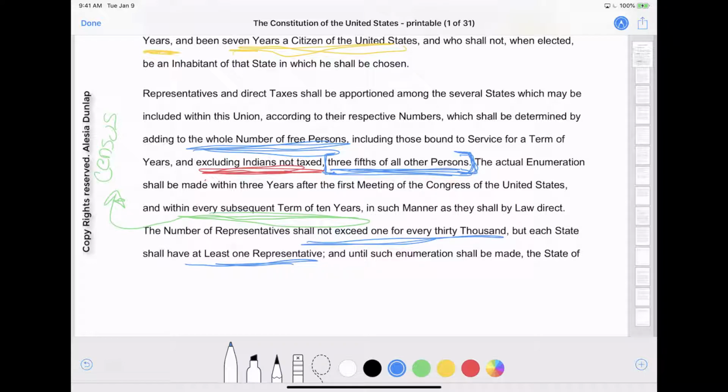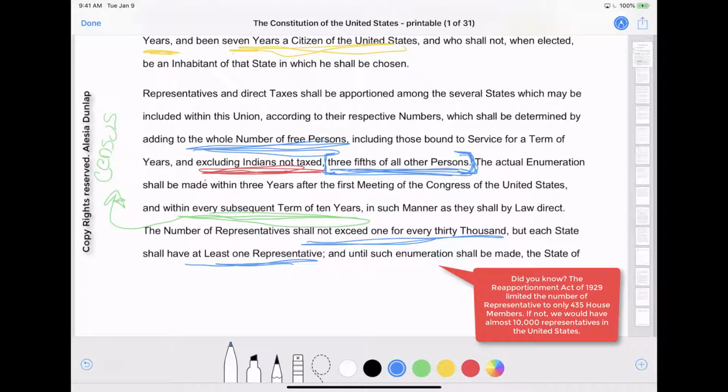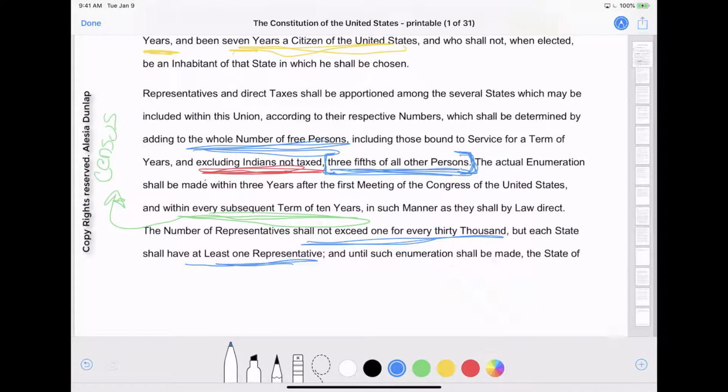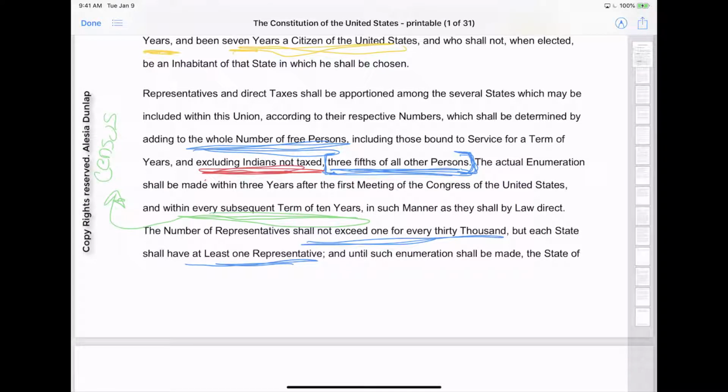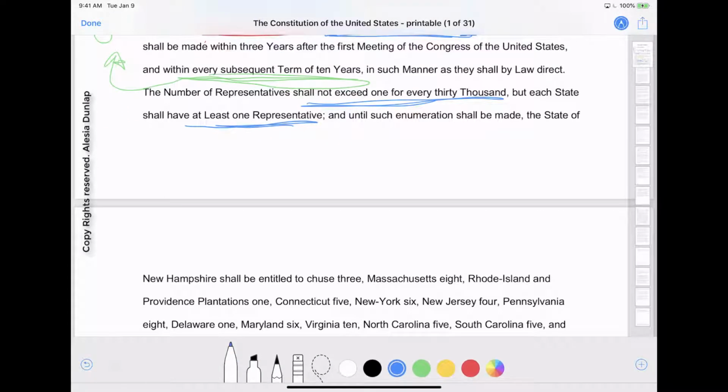For example, if Texas has a population of 600,000 people, they will need 20 representatives. All right. So this can be referred to as congressional districts. We call this here congressional districts.